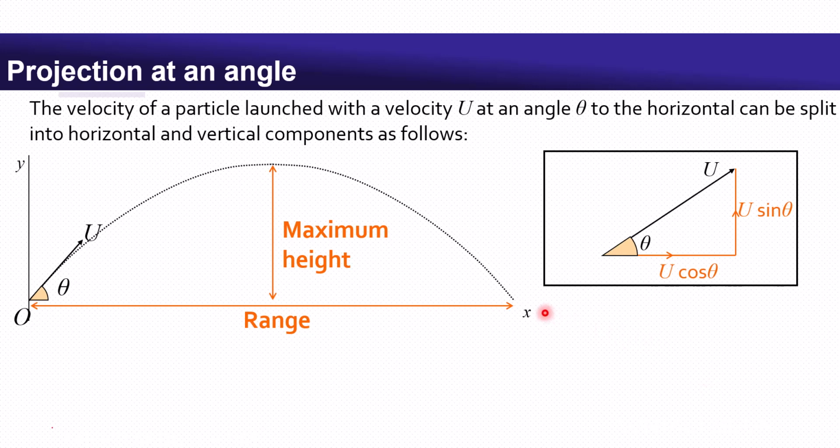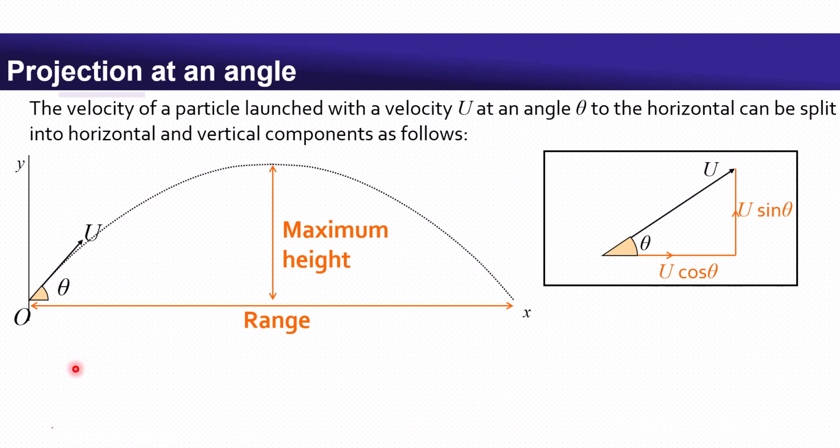So you'll have to always remember that when we're dealing with horizontal projection, you remember we did not have u in the vertical direction or in the y direction. So here you'll have to have u in the horizontal and in the vertical directions, and here I summarized it.